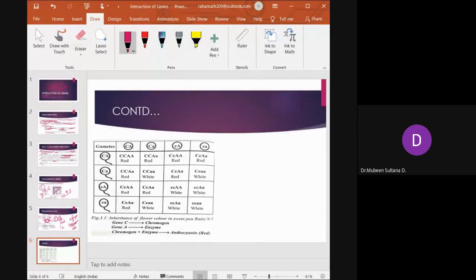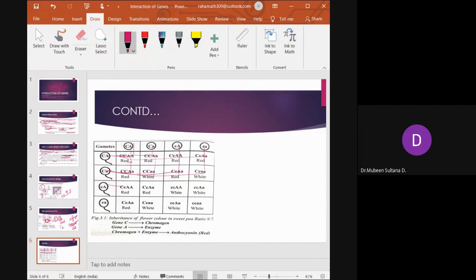When you combine them, you take one combination from here. So you have capital C, capital C, capital A, capital A. It is a red flower. Again, the same way as you did the dihybrid cross. Second line, the sperm from here and this ovum, this sperm and this ovum, and so on.